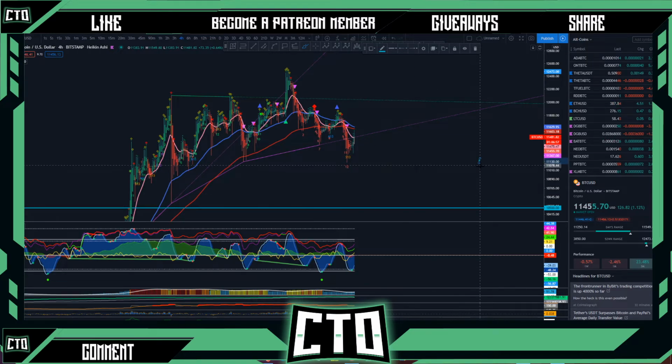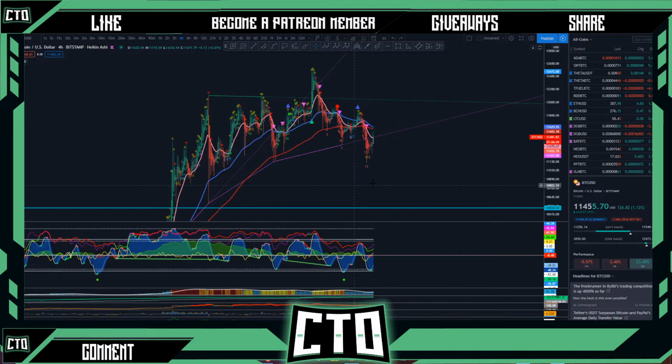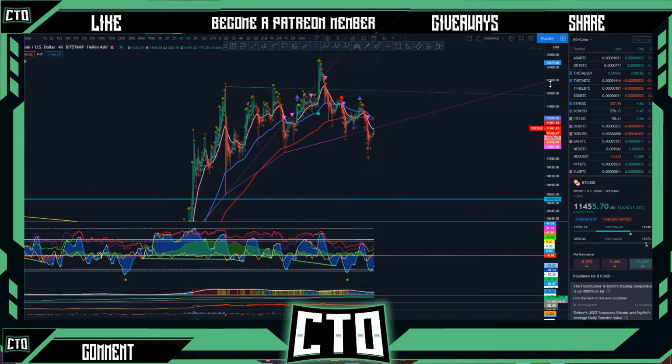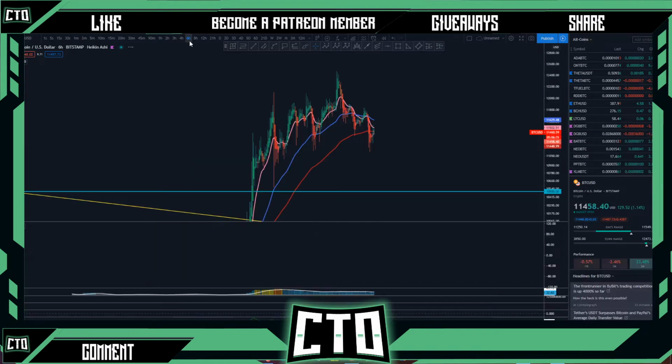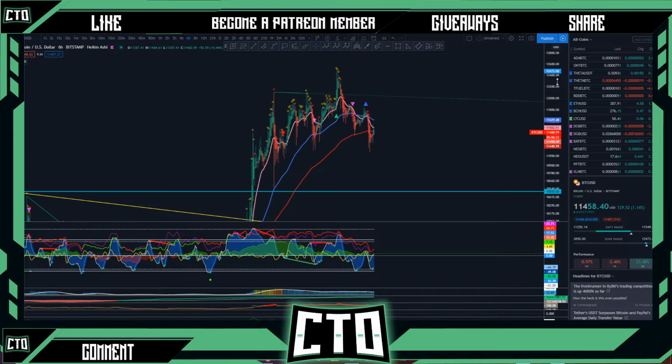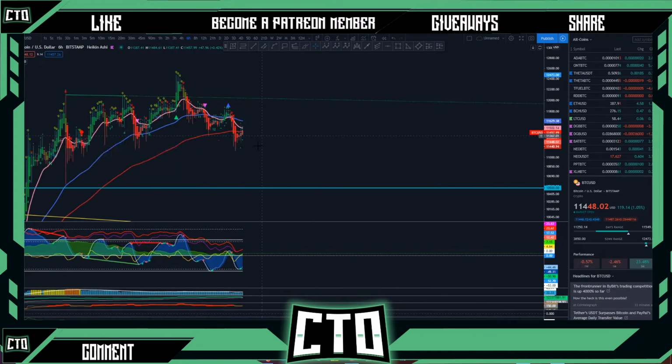If we do break into lower areas of this market, I'm definitely looking for possibly a retest of 10.5k. We've had this trend line here for a while at 10.5k. So I'm thinking if the bears do end up taking control of this market, we're looking for a 10.5k retest, and then possibly making our next move from there. So just be ready if that is to come. It'll be a nice opportunity to scoop up Bitcoin at the low.